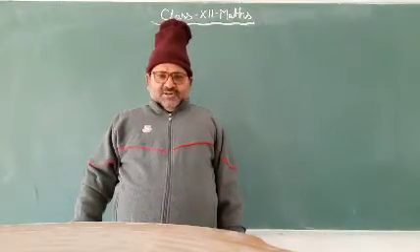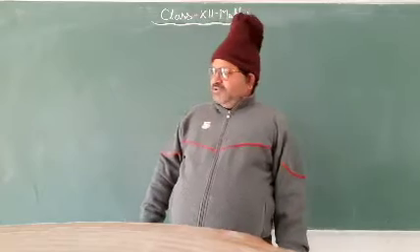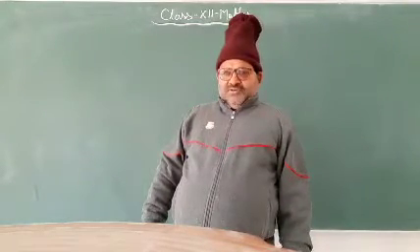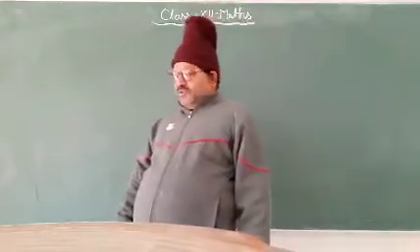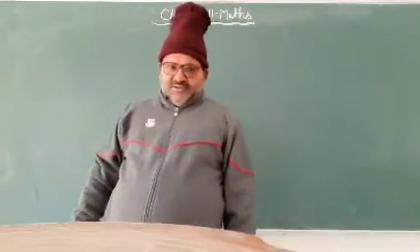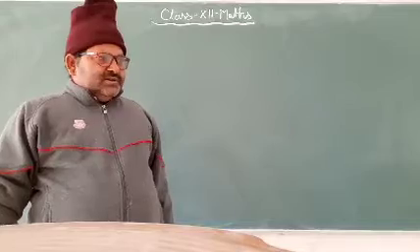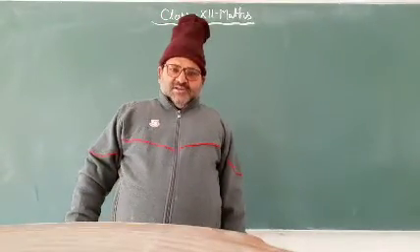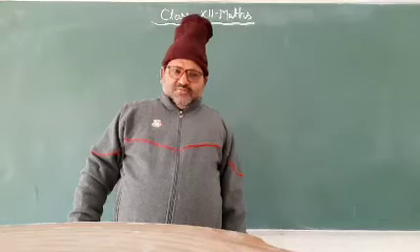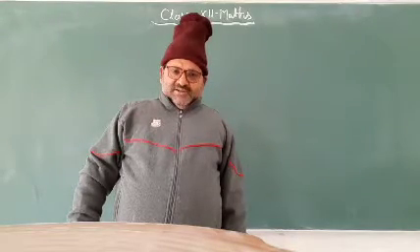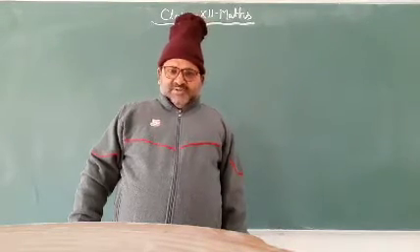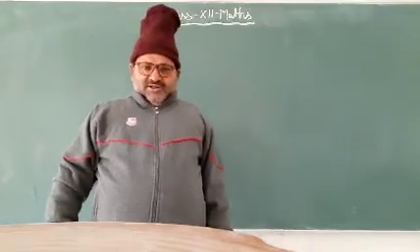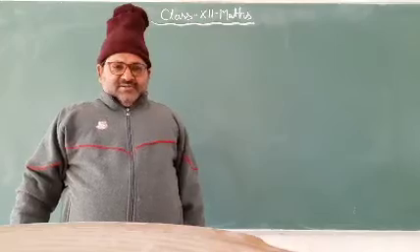Now today we discuss the questions related to the vector cross product. The vector cross product, vector A cross vector B, equals modulus of vector A into modulus of vector B into sin theta into unit vector n.